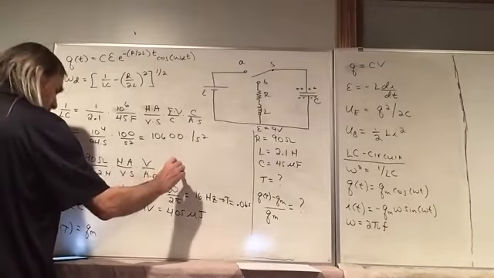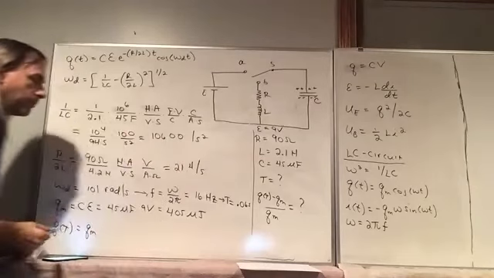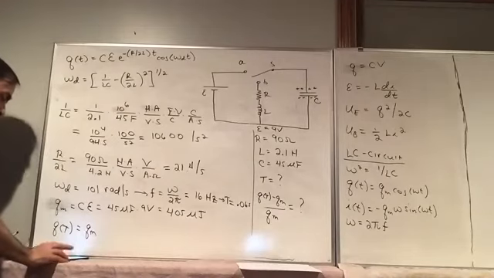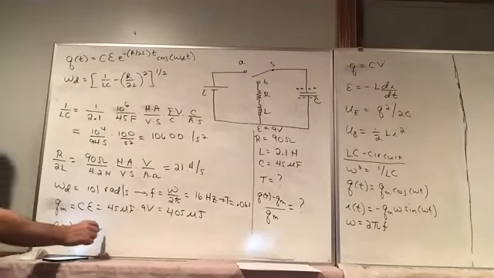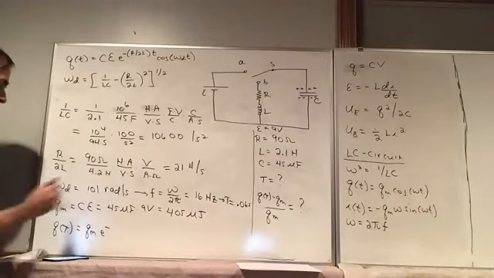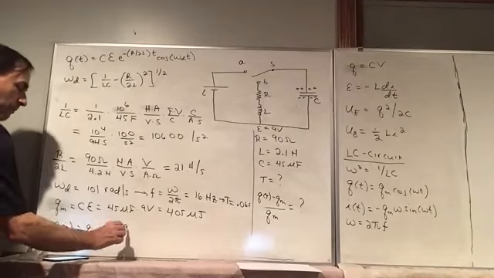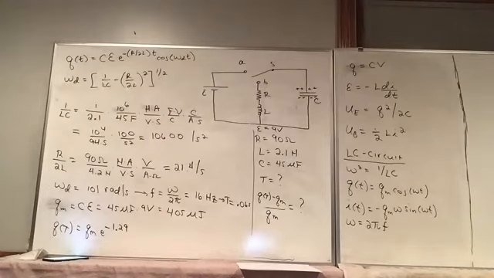That was 21.4 per second. So if we plug in 21.4 times 0.06, we have e to the minus 1.29. And this cosine term is just 1, so we don't have to write anything down for that.